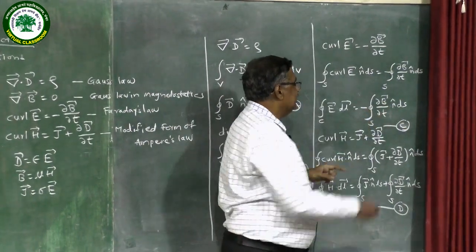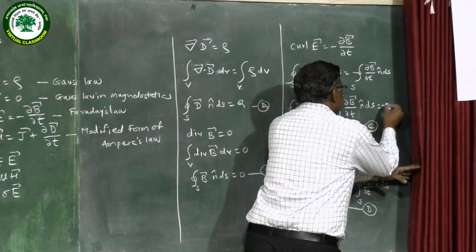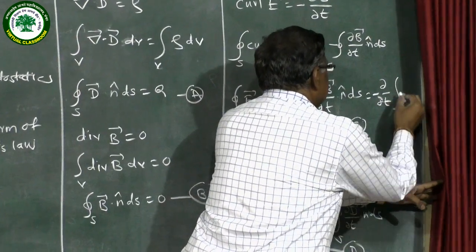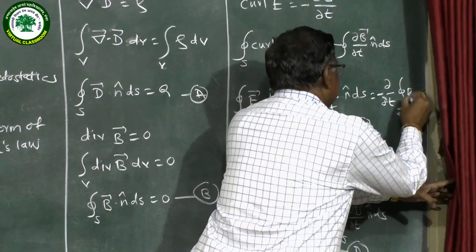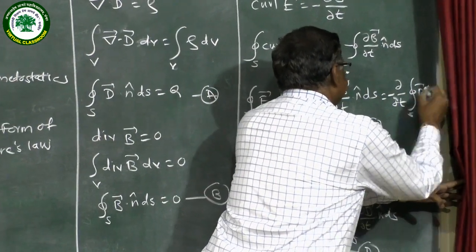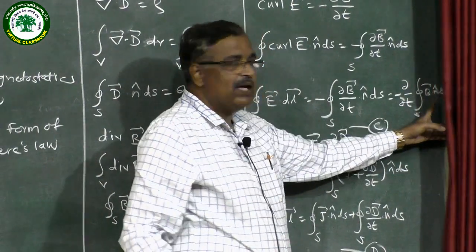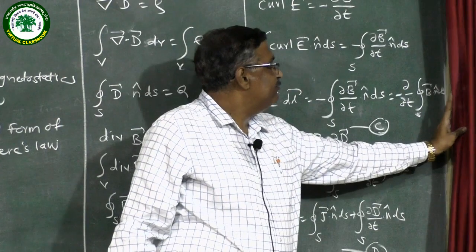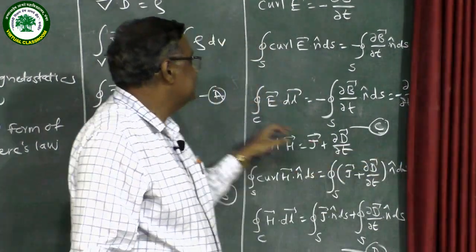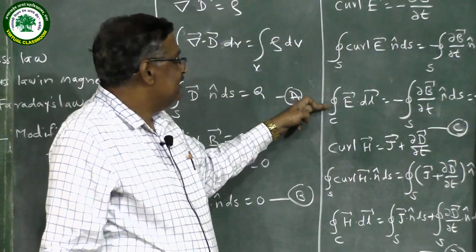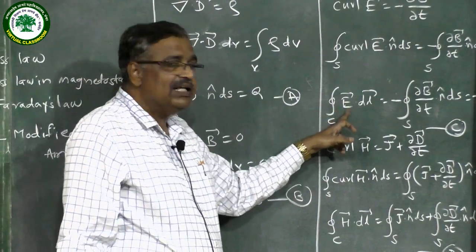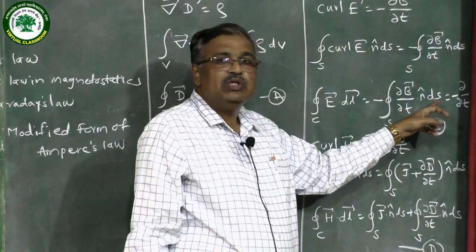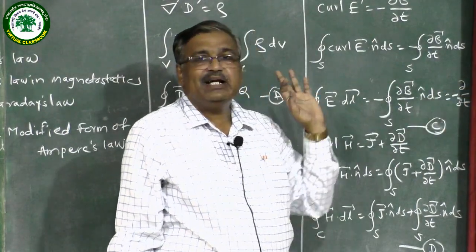This statement can also be written as minus, if we take ∂/∂t outside the integral, then inside the bracket is vector B dot n dS. So this is nothing but the negative rate of change of magnetic flux, and magnetic flux is indicated by the integral over S of vector B dot n dS. So the statement is made that the total electromotive force passing through any closed surface is equal to the negative rate of change of magnetic flux.